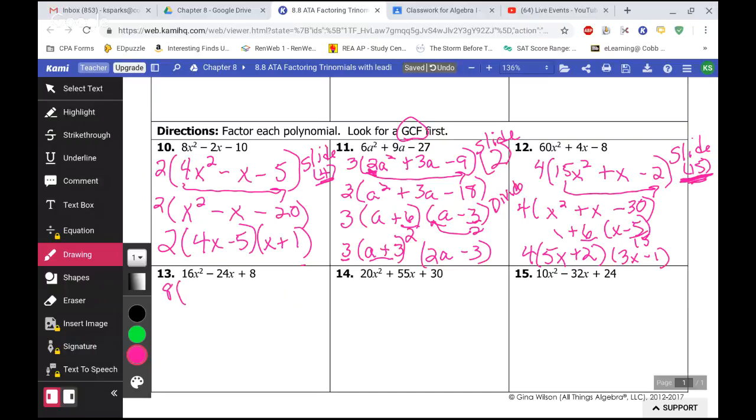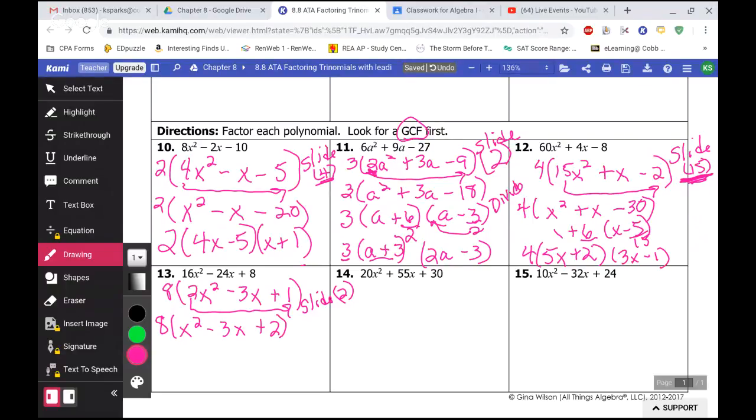So I'm going to factor out an 8 first. And now I'm going to slide that 2 down. Multiply by the 2. And that's going to give me 8 times x squared minus 3x plus 2.